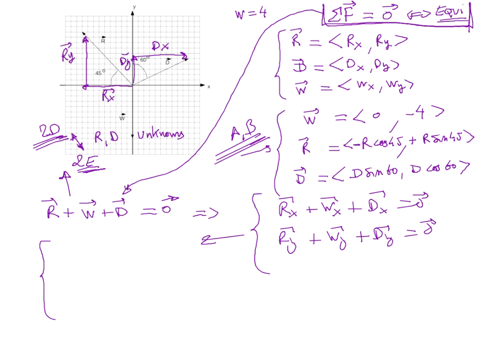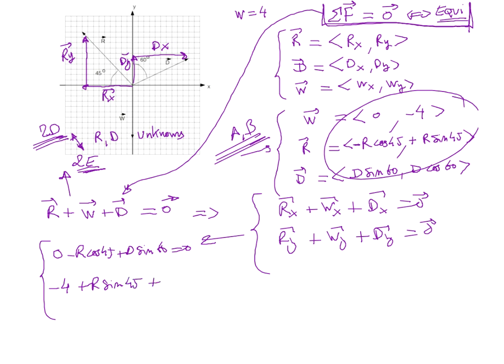Let's plug in the values that we have from this, and we end up with 0 minus R cosine 45 plus D sine 60, and that's equal to 0. Similarly, negative 4 plus R sine 45 plus D cosine 60, and that's equal to 0. Bang! A 2 by 2 system from here. The rest is just math. We can get R and D.